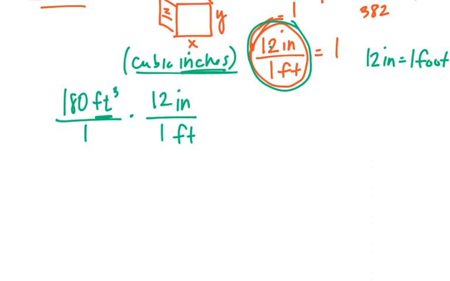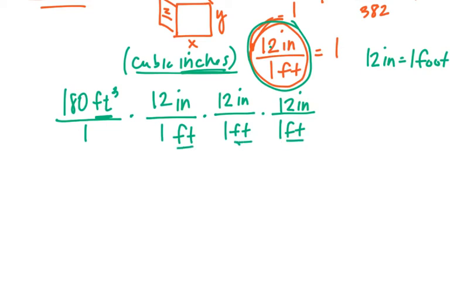Now, if I multiply these together, I have feet cubed here. That means I need to have 3 feet cancel out, which just means I need to rewrite this 3 times. So there's the second one. And here's the third one. So I had feet cubed up here. Now I have feet cubed in my denominator.